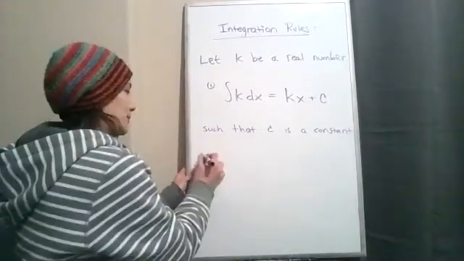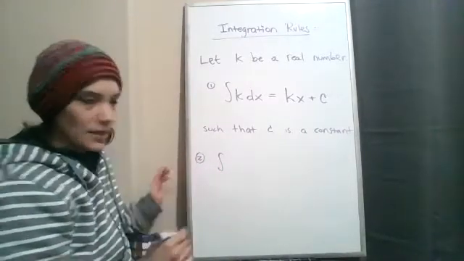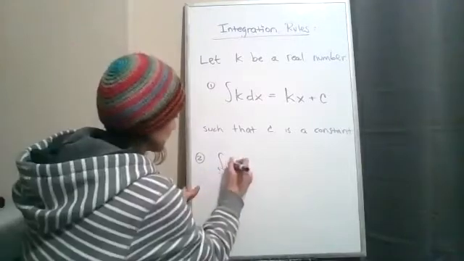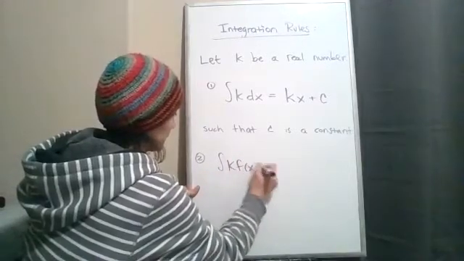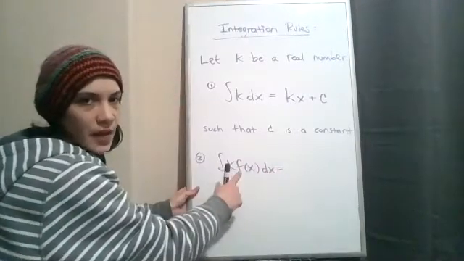Number 2, the integral of k times f of x, some function f, is equal to k times the integral of f.